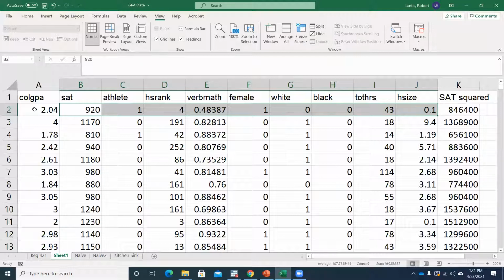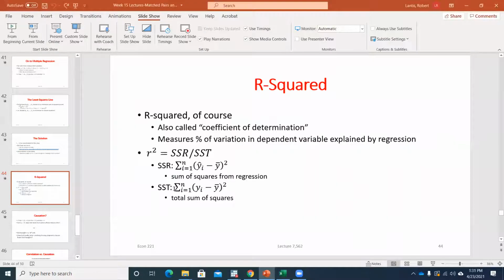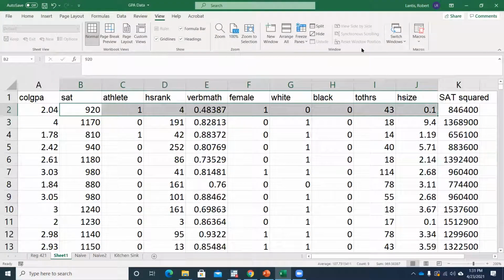We could then look at the difference between the actual Y and the predicted Y. We could use those predicted Ys and find their deviation from the mean, right? If we come up with a prediction for every observation, that basically helps us calculate that R squared. Excel does that behind the scenes for you. But really, for any one person in your data set, you could come up with a predicted GPA and compare it to their actual GPA.